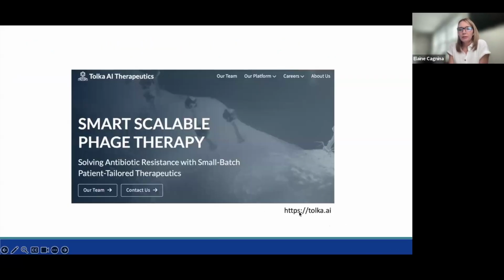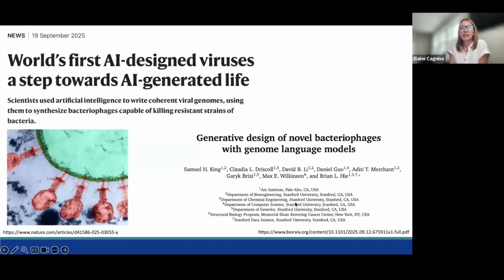And this company is trying to commercialize phages, so more to come in this space. They are looking to sort of commercialize patient-tailored phages, so you may see more of this in the future. And I just put this out there because I think it's very interesting. This was a paper published at the end of last year that basically used AI to develop novel bacteriophages.